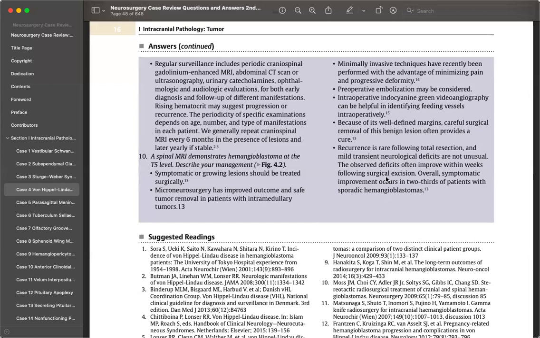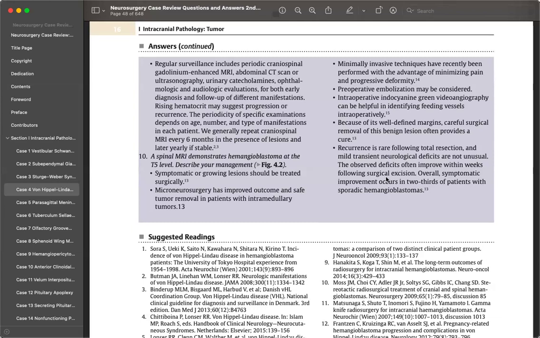The only additional thing from Greenberg is that the epidemiology of von Hippel-Lindau is 1 in 31 to 36,000 live births. Approximately 30% of patients with cerebellar hemangioblastomas have VHL. There are 2 major subtypes of VHL, and then type 2 has 3 subgroups.